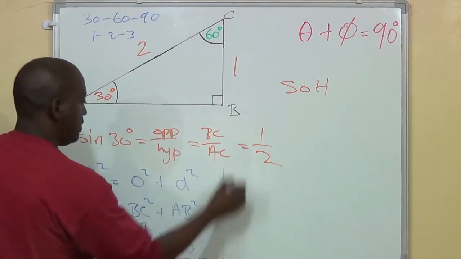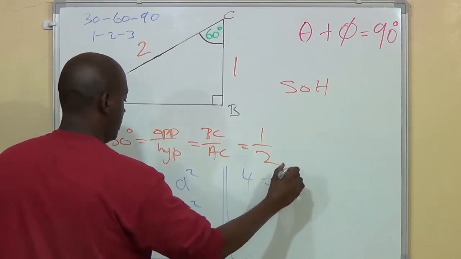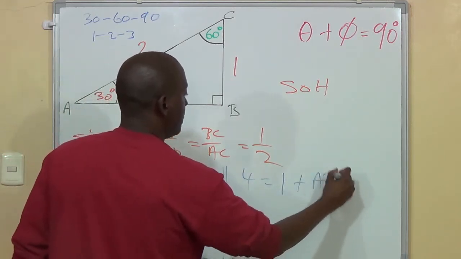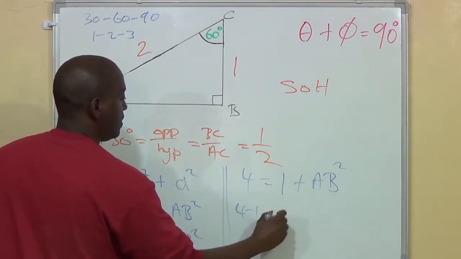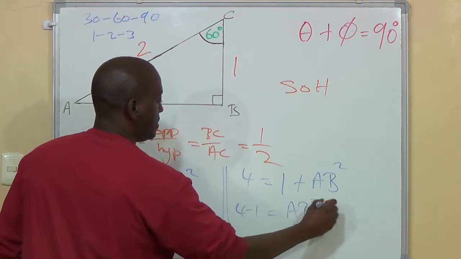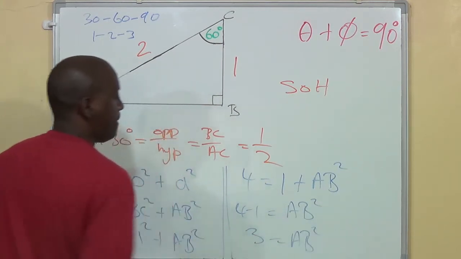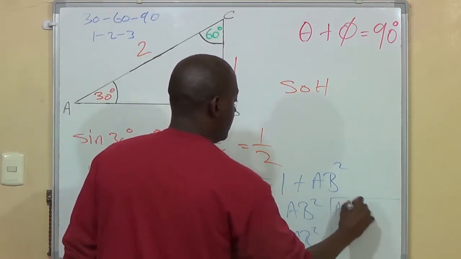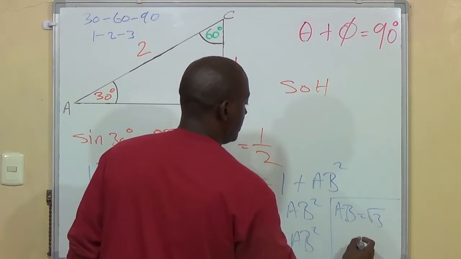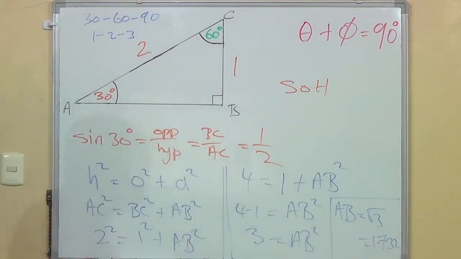So we continue with the working. 2 squared is still 4. 1 squared is 1, plus AB squared. 4 minus 1 is equal to AB squared. So 3 is equal to AB squared. Therefore, keep some space here now, AB is equal to the square root of 3, which is equal to 1.732 something something something.